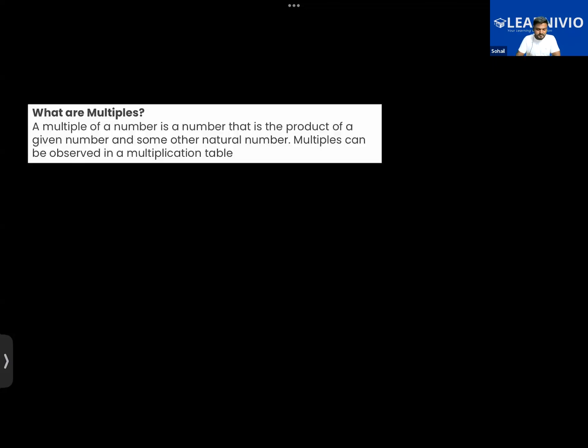So here we have finished the concept of factors. Later on, we'll be learning about common factors. But for now, let us learn about multiples. A multiple of a number is a number that is the product of the given number and some other natural number.